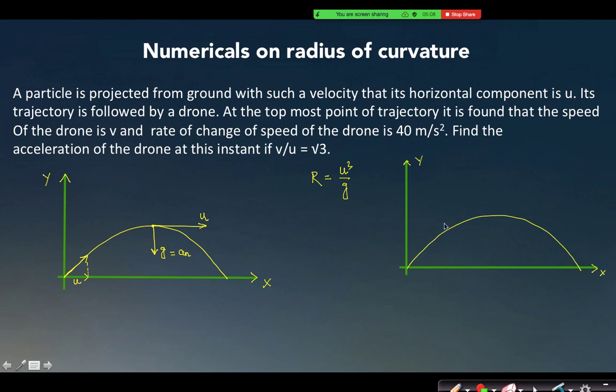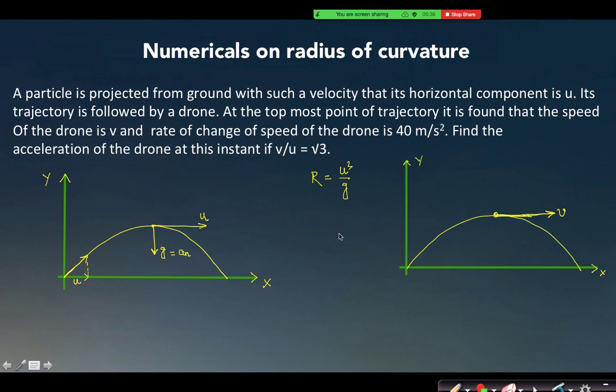I do not know the velocity of the drone at every point, but I only know that at this point the velocity of the drone is v. In which direction must the velocity of the drone be at this point? Can I say that the velocity of the drone is also tangential to that path? Because for every particle that follows a particular path, the velocity is always tangential.